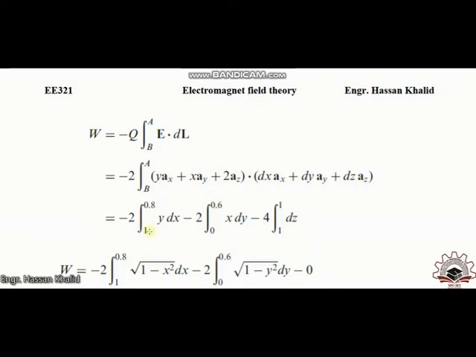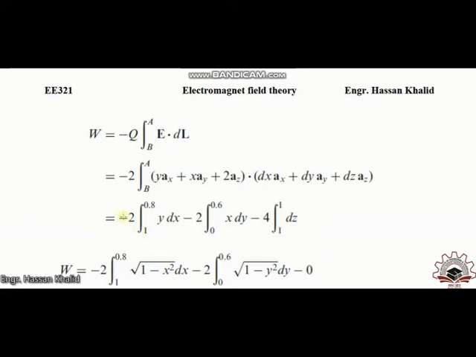What we get from the initial positions of the integral as well is y in the direction of x, and the limits of x have been from 1 to 0.8, and x in the direction of y, the limits of y have been taken from 0 to 0.6, and there is no z function, and it's in the direction of dz, that is defined from 1 to 1.